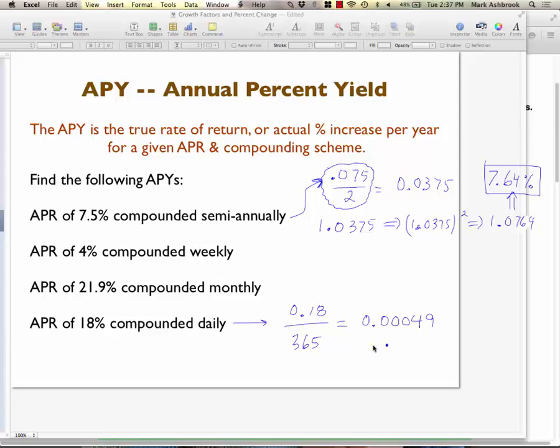Okay? And what are we going to do with that? So what's that number about? Let's see. How about this, Zach? Did you work this one? Add 1. And what does that number mean? 1.00049. How would you interpret that number, the 1.00049? The growth.